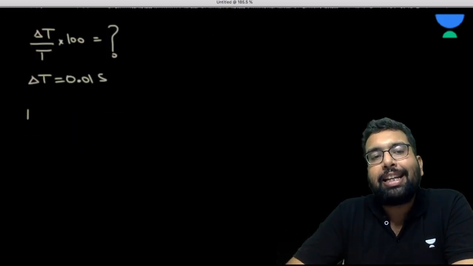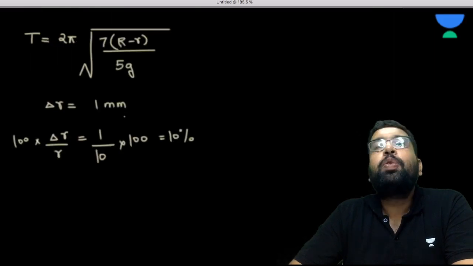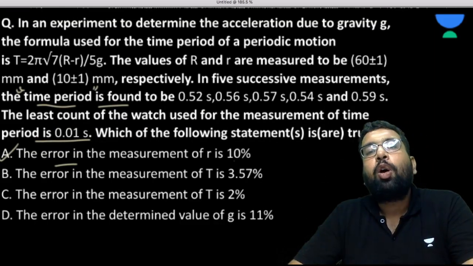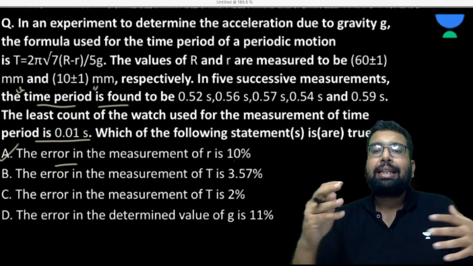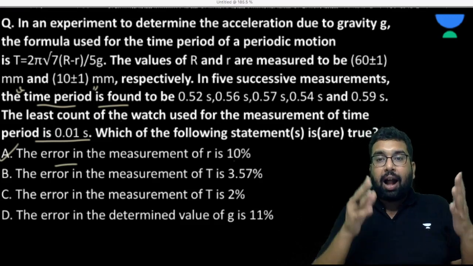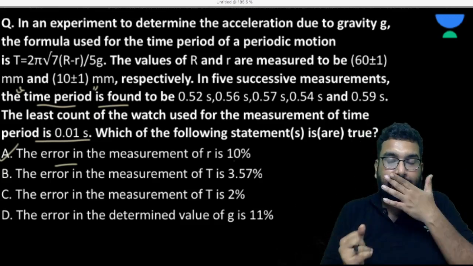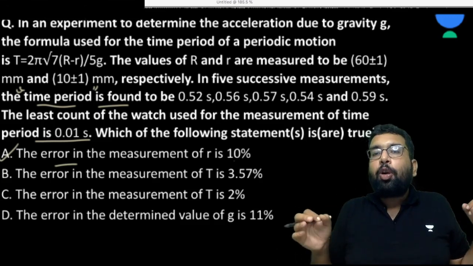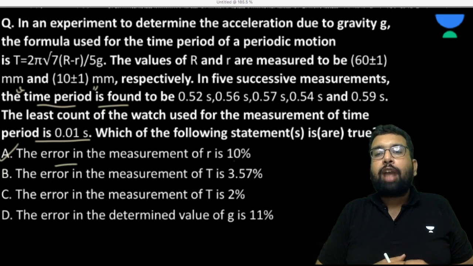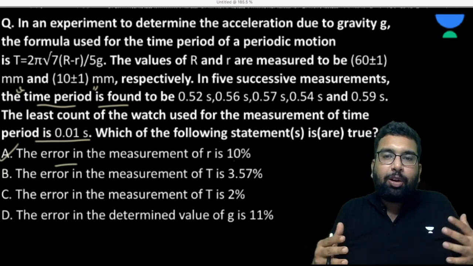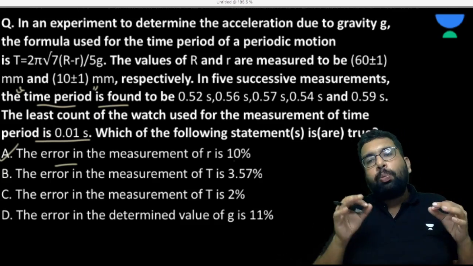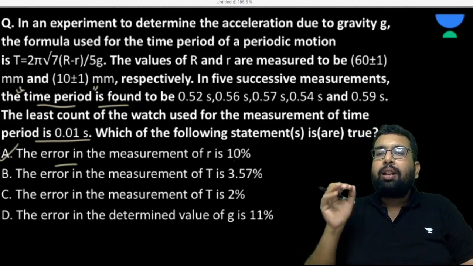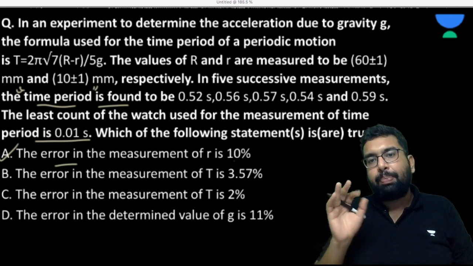Now what is this T? T is the true value, or the actual value, or the mean value. If you remember when we started the error analysis, no matter how hard we try, we cannot find the true value in a measurement.